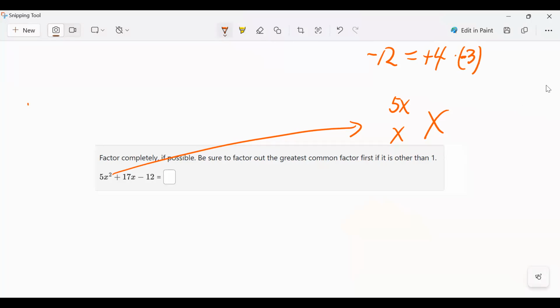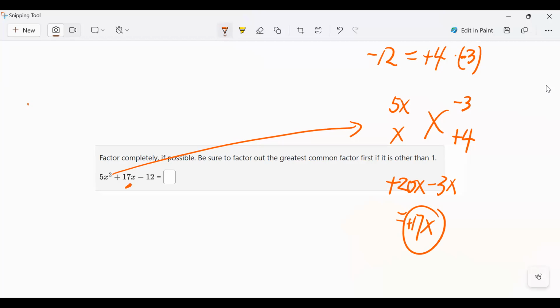I'm going to put positive 4 here, negative 3 here, because 4 times 5x is 20x. Negative 3 times x is minus 3x. We get a positive 20x minus 3x, that is 17x.